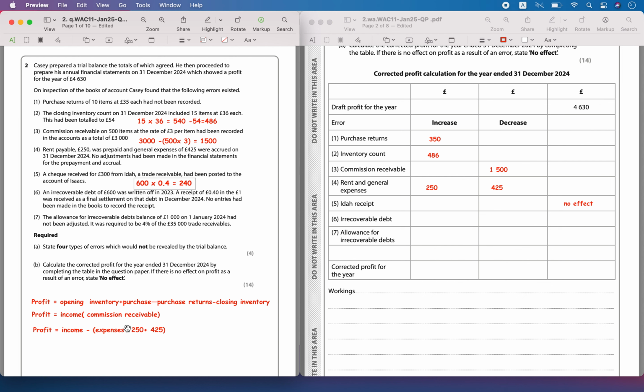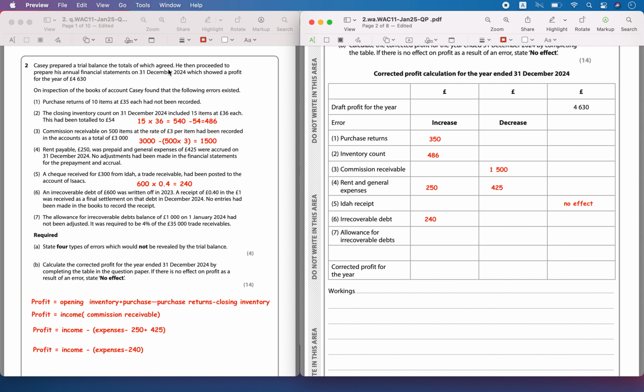So 240 pounds was received towards the irrecoverable debt. This is going to reduce my expense, and so it is going to increase my profit. So 240 pounds.